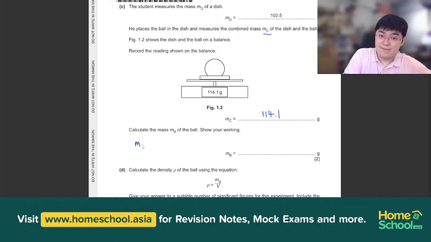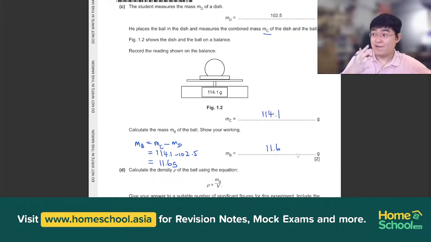So MB equals MC, which is the combination of everything, minus MD, which is the mass of the dish, which equals 114.1 minus 102.5, and doing this quick math, 11.6 grams. That should give you your answer of 11.6 grams for the ball.